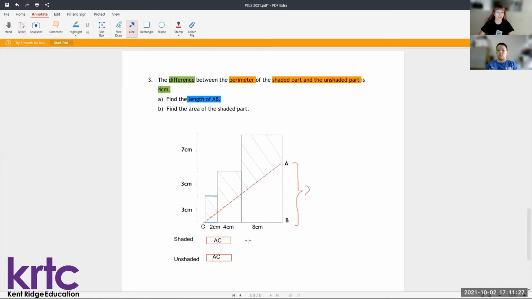When you have 4 cm, it will also appear here as well. And lastly, the 8 cm is also found on the shaded part. So for this part, they both share the same.